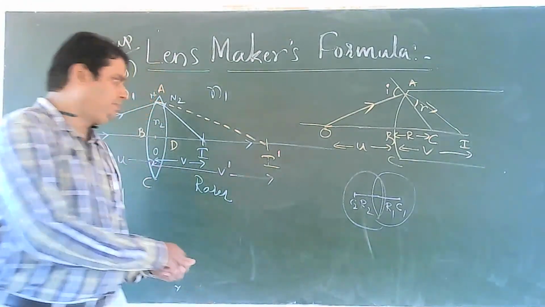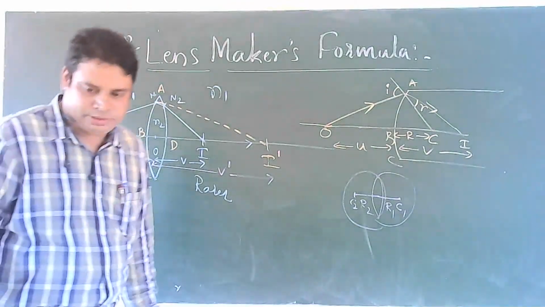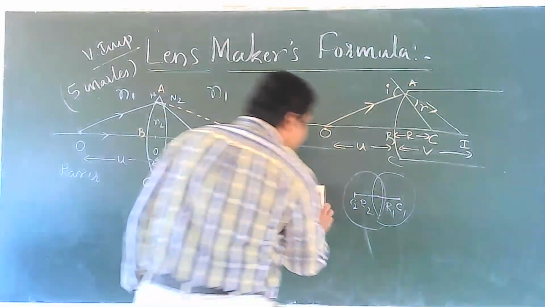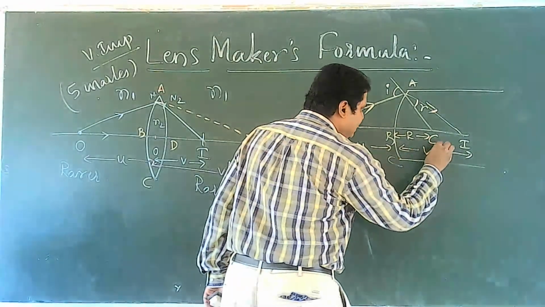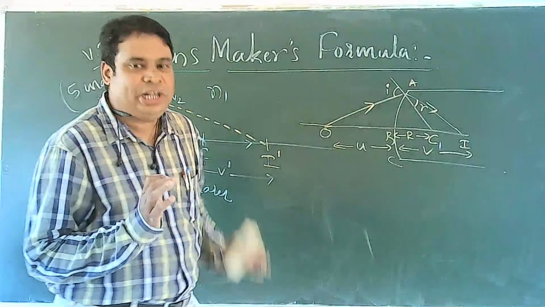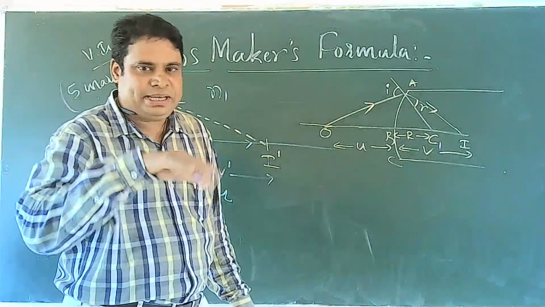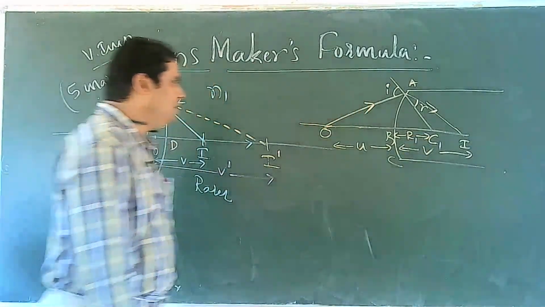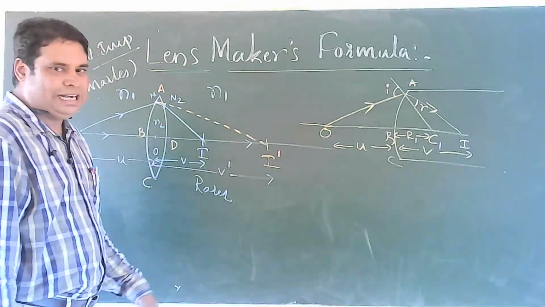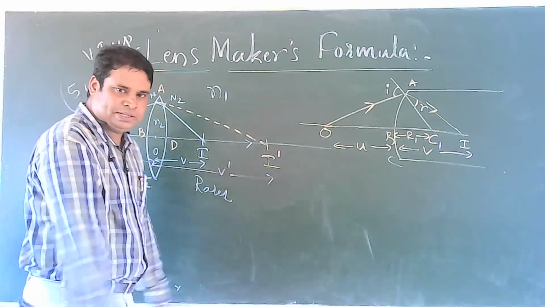Fine? Now, let's put it. Here let me write C1 because we have exactly two surfaces. One ABC, one ADC. So this will be R1. Now, let me write here in available space only.